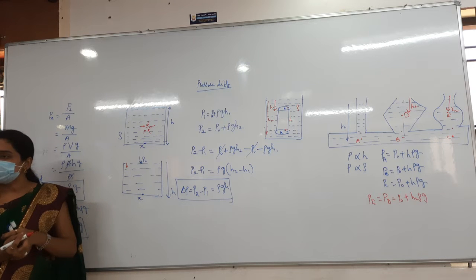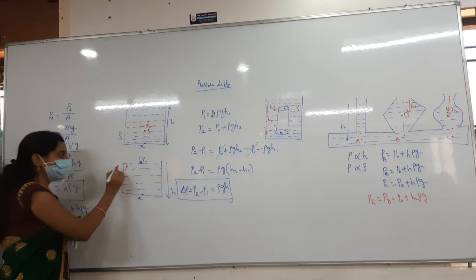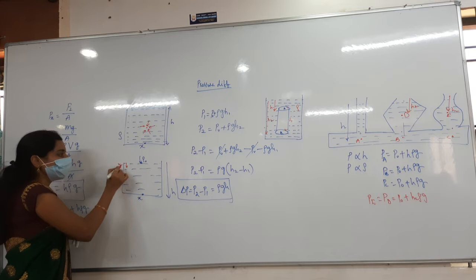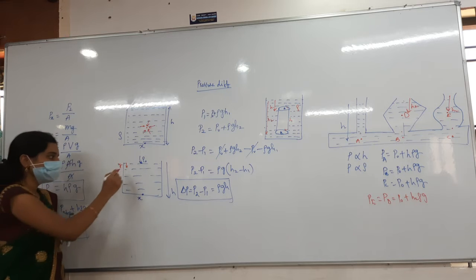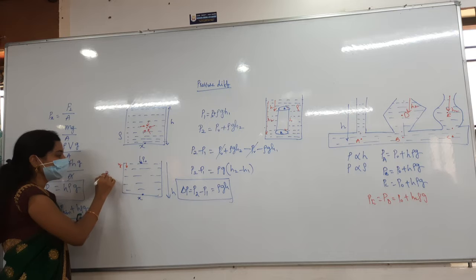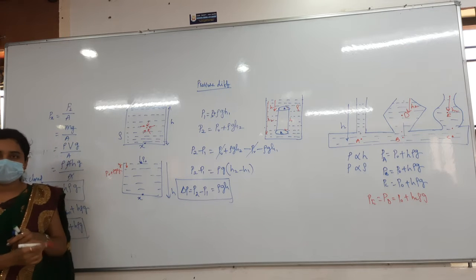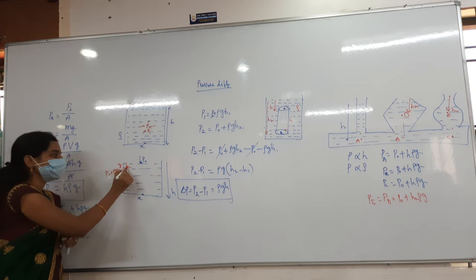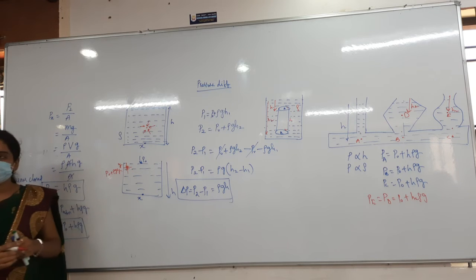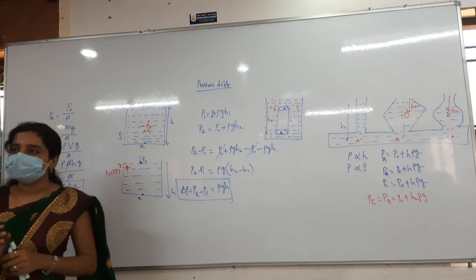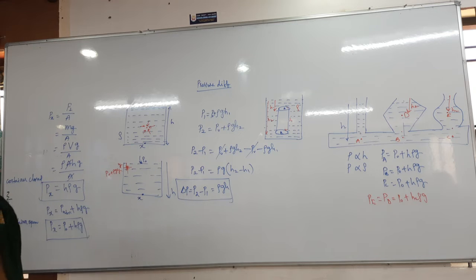That is not correct. Let me take this height as y. The pressure here is always P naught plus rho g y only. From all the sides, the pressure will be the same. And also the points at the same level will have the same pressure.